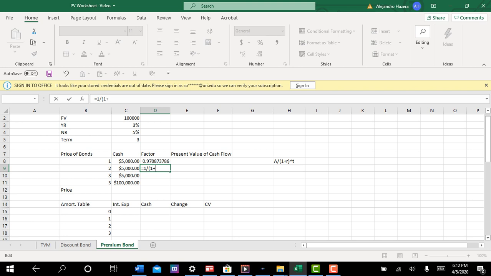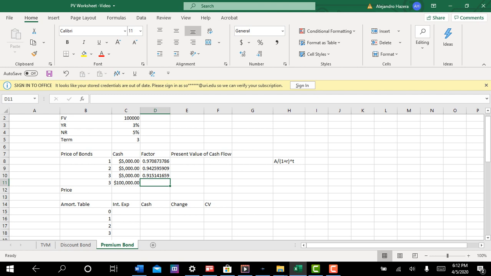the yield rate raised to the 2. Notice they're going down again. Always happens. Then this one is going to be 1 divided by 1 plus the yield rate again raised to the 3. So I'm raising them just to the years.